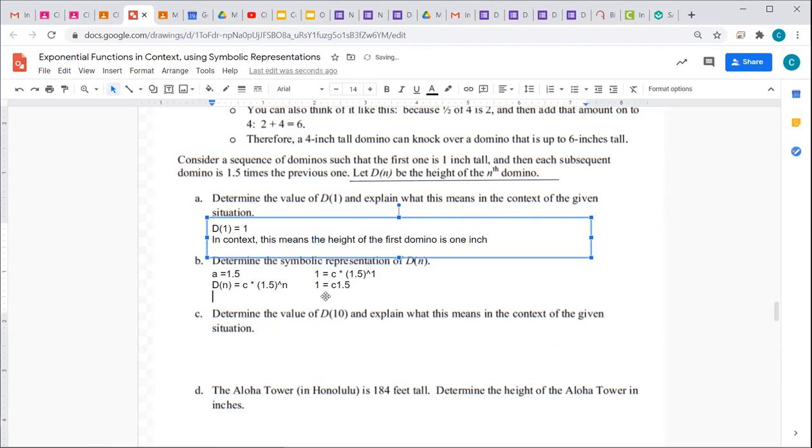So I get c equals 1 divided by 1.5, which is, see, you could figure it out longhand or use a calculator. 1 divided by 1.5 is, oh, that's 2/3.